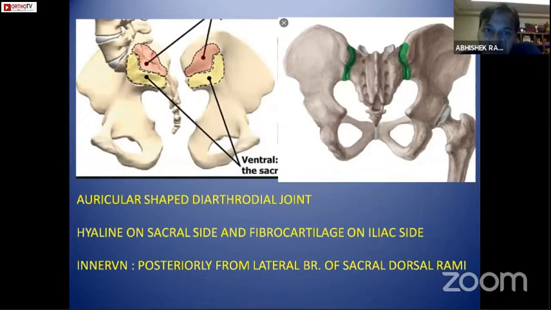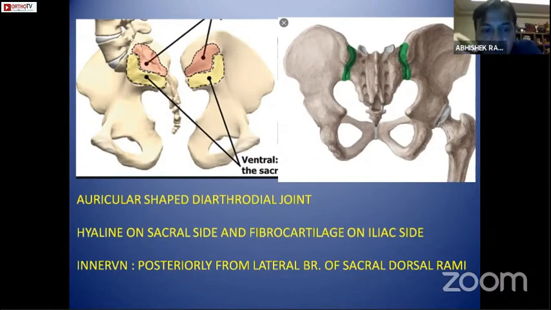Coming to the applied anatomy of the joint, as Anindo and Shumayon had already mentioned, it's an auricular-shaped diarthrodial joint having hyaline cartilage on the sacral side and fibrocartilage on the iliac side.